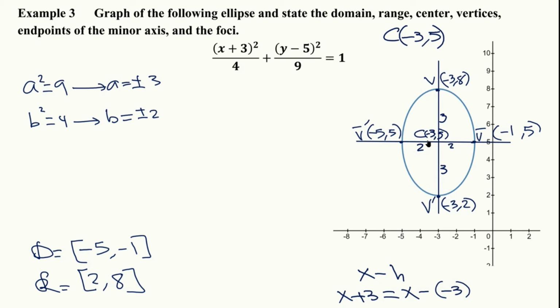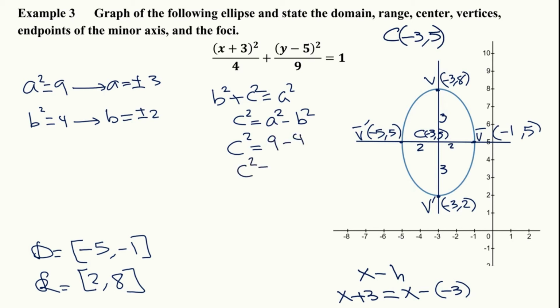So we know that b squared plus c squared equals a squared. So c squared equals a squared minus b squared. So c squared equals a squared, which is 9, minus b squared, which is 4. So we get c squared equals 5. So c is going to be plus or minus radical 5.